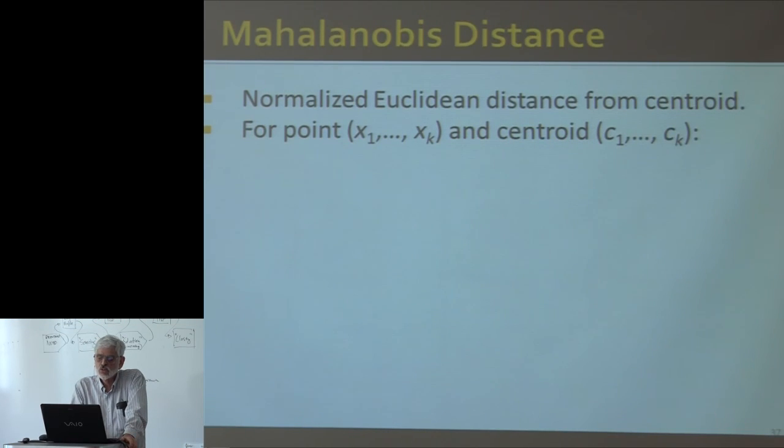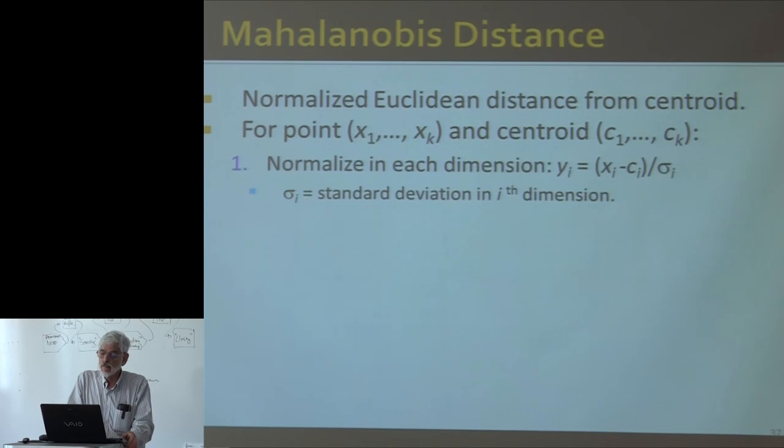Anyway, the Mahalanobis distance is normalized Euclidean distance. That is, if the point is in k dimensions, you have point x1 through xk, and the centroid is c1 through ck. The first thing you want to do is normalize the distance in each dimension, which means you take the distance between the point and the centroid in that dimension and divide it by the standard deviation in that dimension.